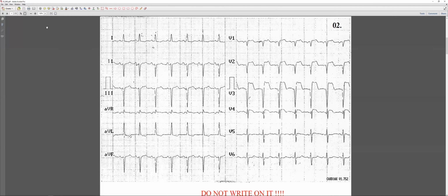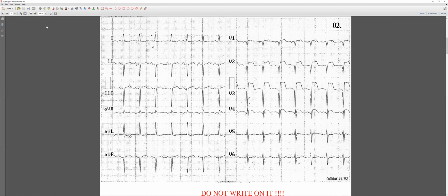No. If you see the RS ratio is less than 1 in V5, V6, what would you think? If the RS ratio is less than 1 in V5, V6, so?